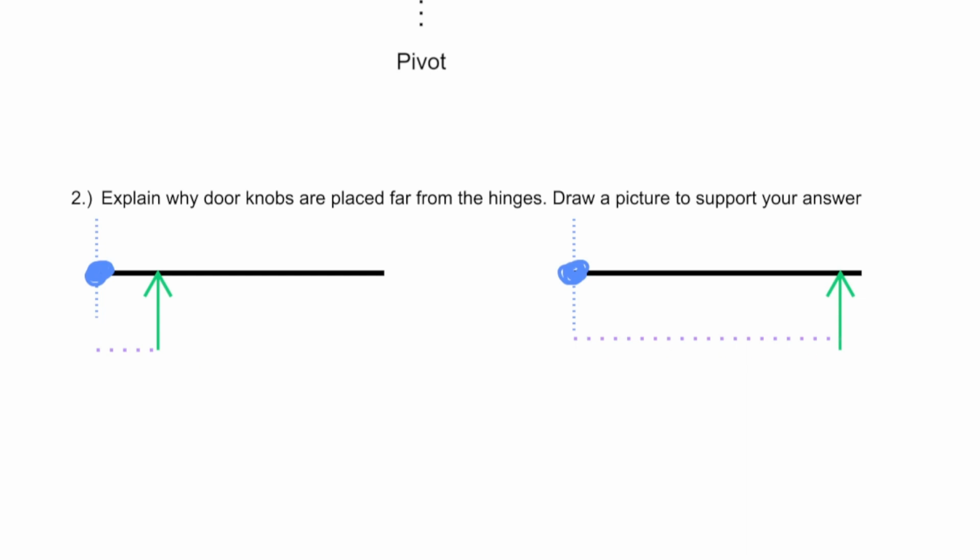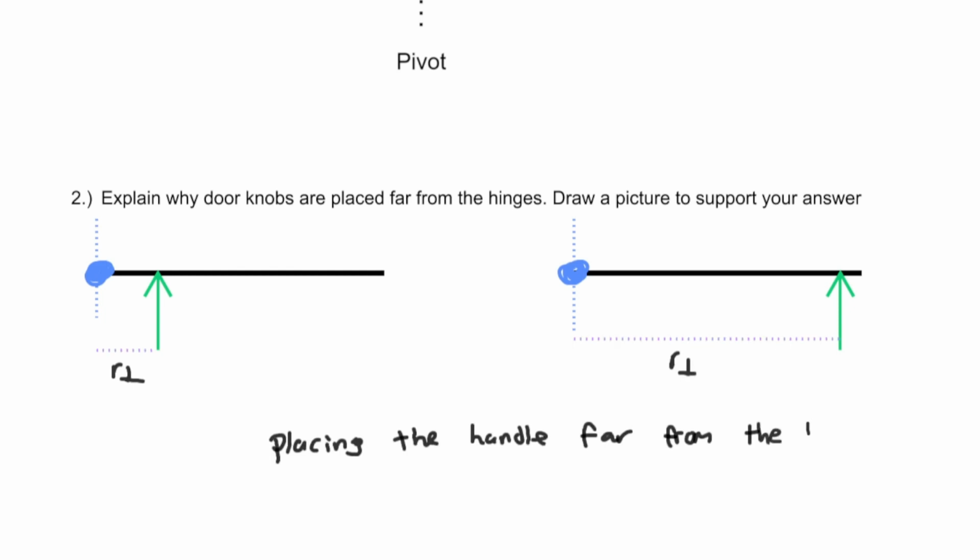So why doorknobs are placed far from the hinges is because if this is the lever arm and this is the lever arm, placing the handle far from the hinge creates a larger lever arm.